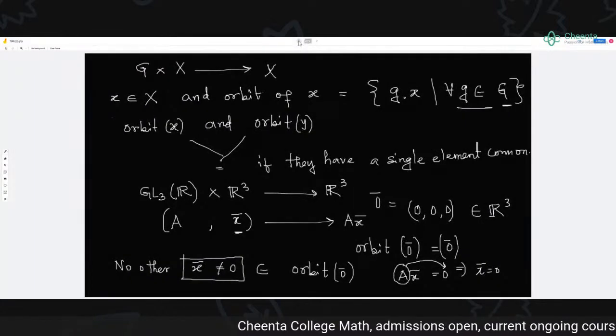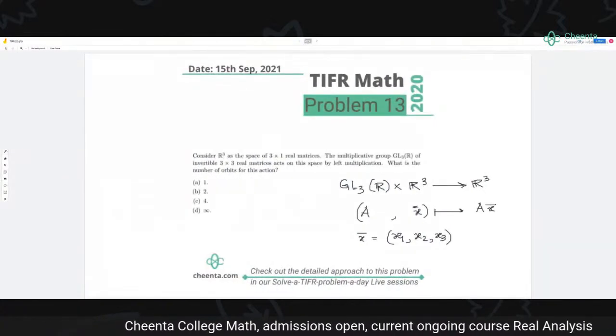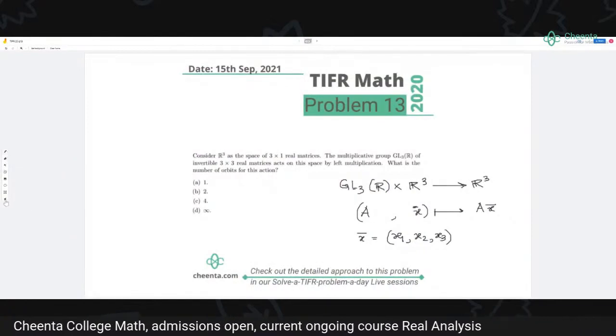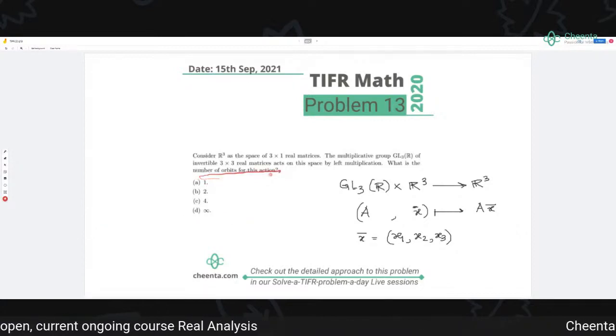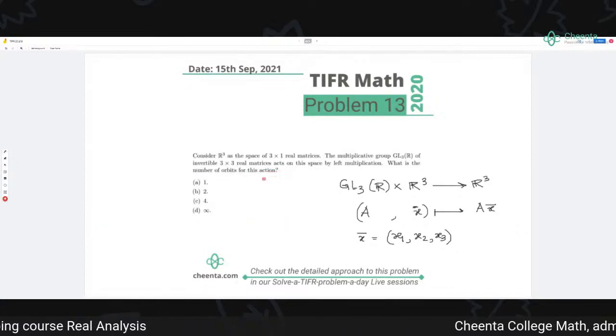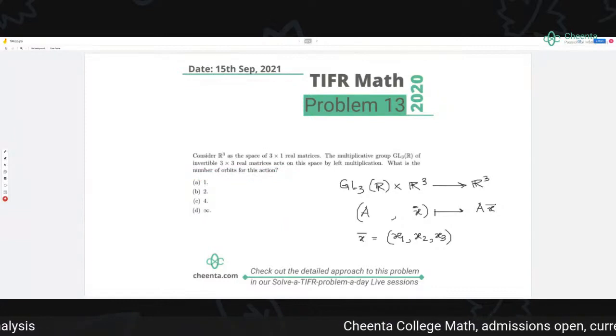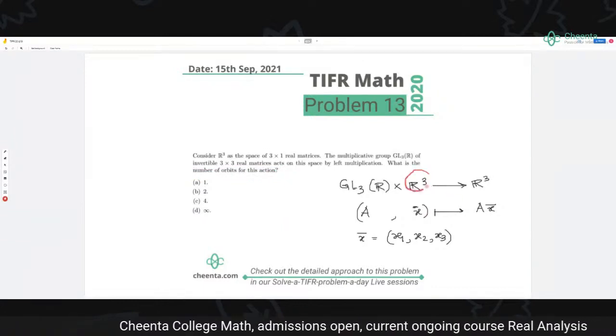That's precisely what this problem asks: to find the number of orbits for this action.